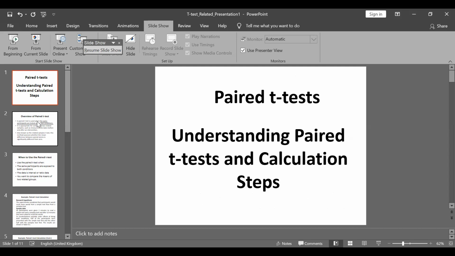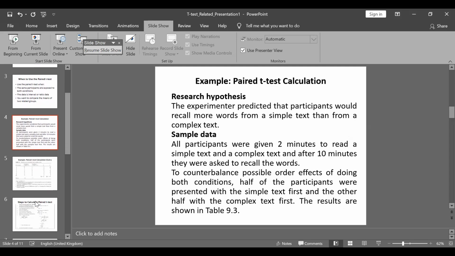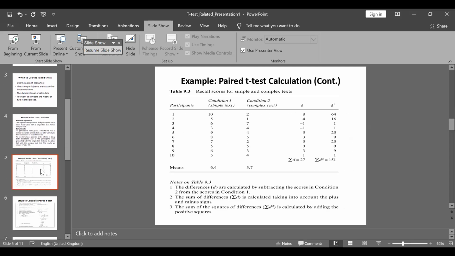Then let's continue. That book is by Judith Green and Manuela Oliveira.